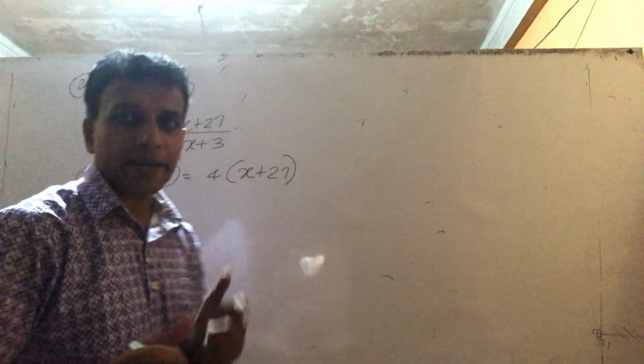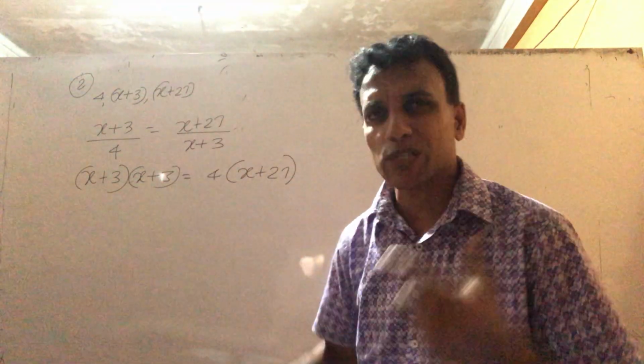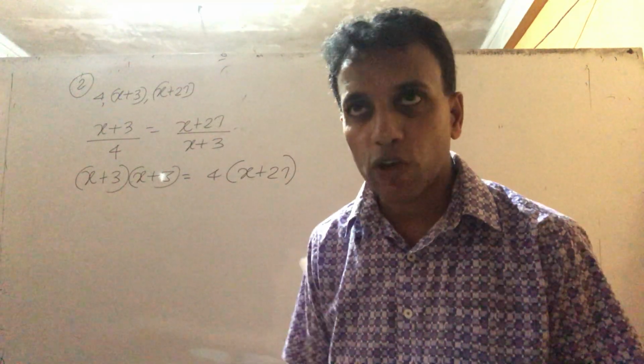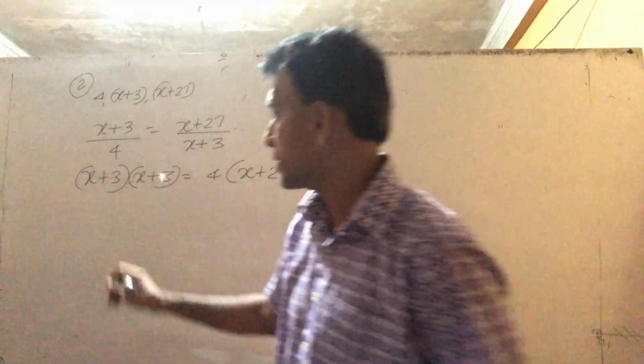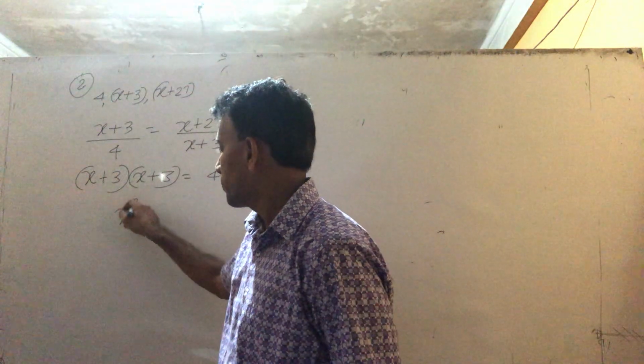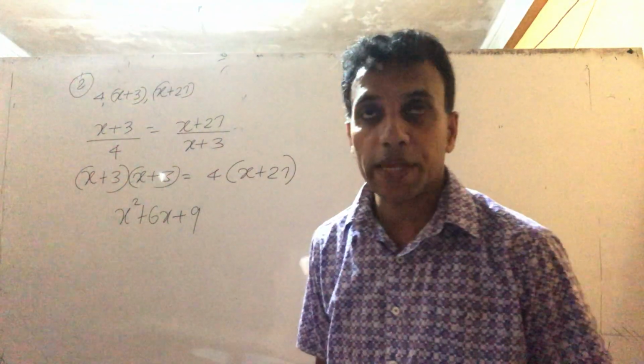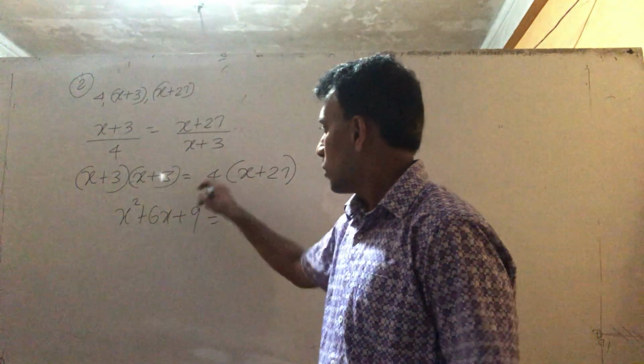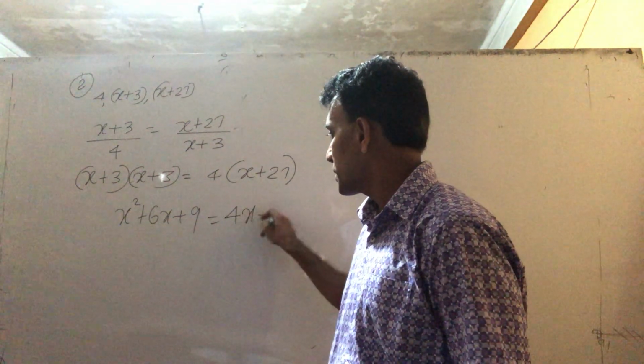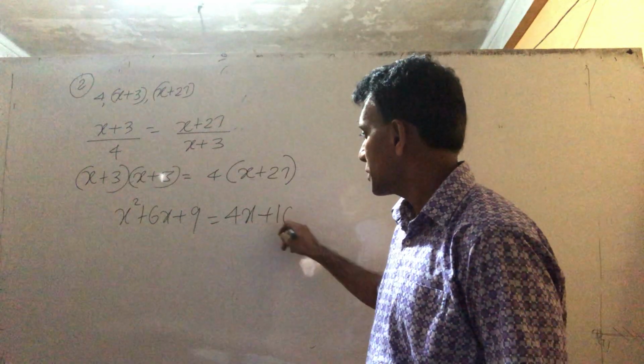Multiply the bracket x plus 3, all squared, by the binomial method or by multiplying the brackets. The answer is x squared plus 6x plus 9, equal to 4x plus 108.